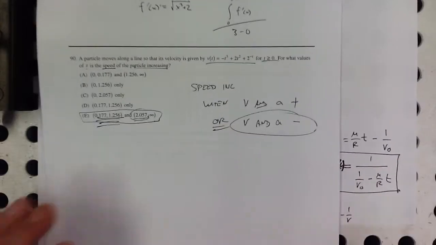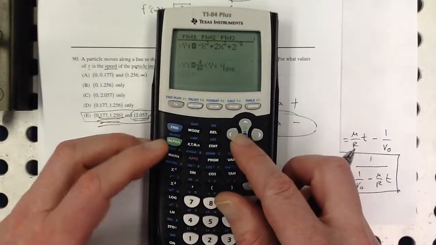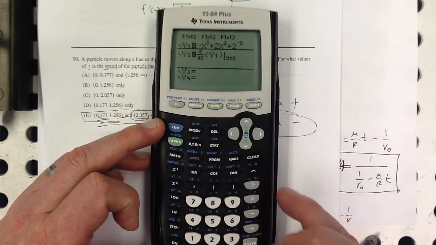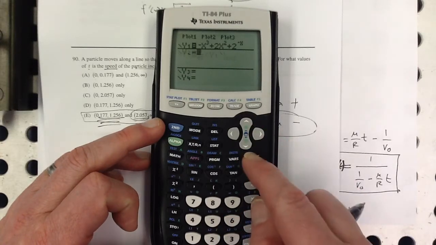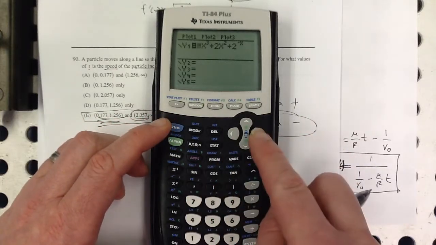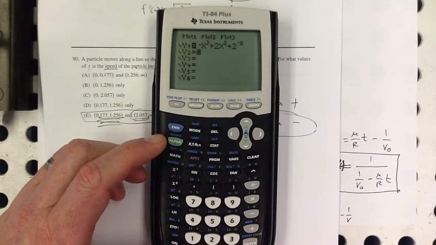Right. I'm just going to show you one other thing on this problem. There's one other way to do that without using the acceleration. Instead of here, you could graph the absolute value of velocity, which is speed if you're just in one dimension.